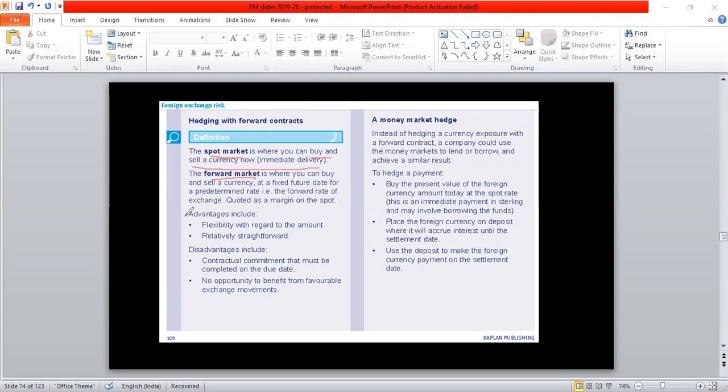Then it says, what are the advantages? Advantages include flexibility with regard to the amount, and it is relatively straightforward. Disadvantages include a contractual commitment that must be completed on the due date.